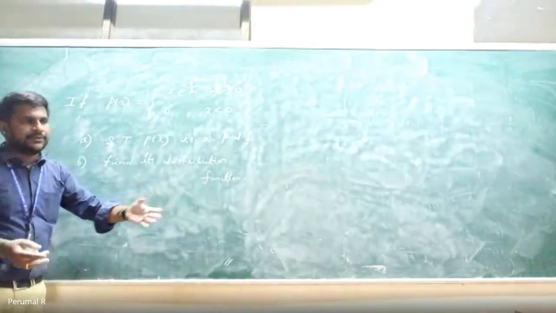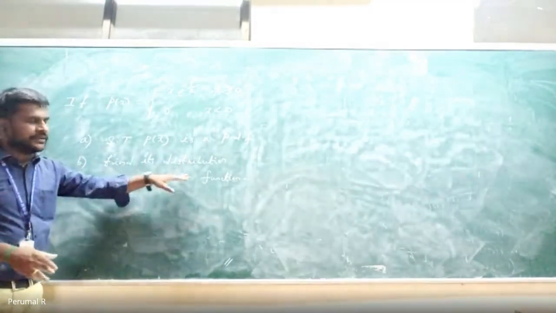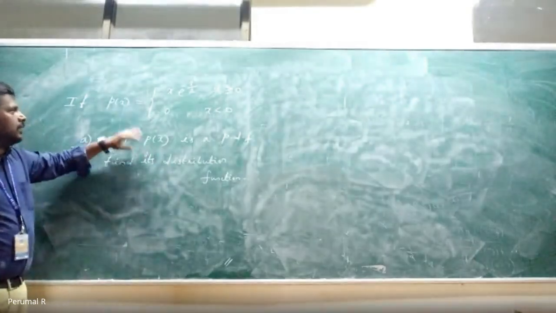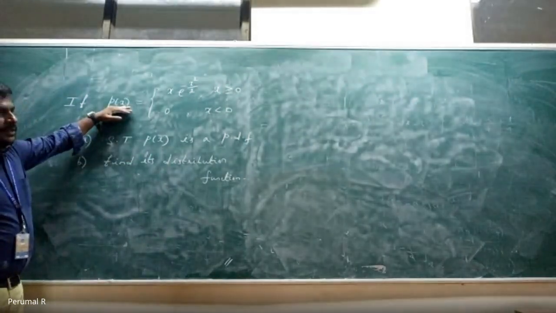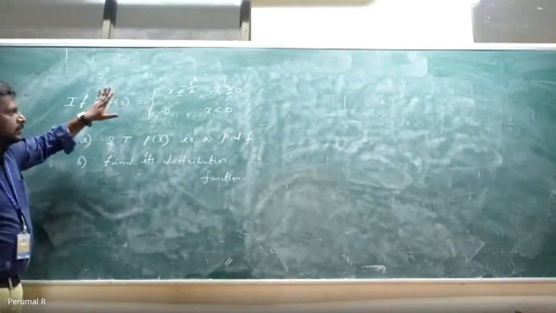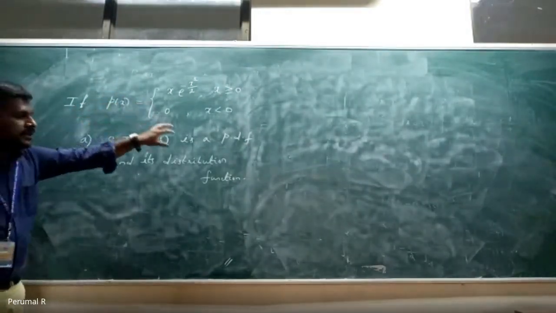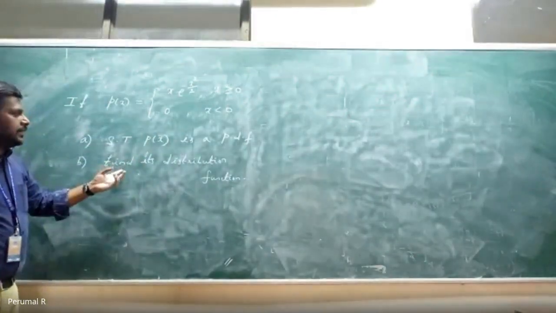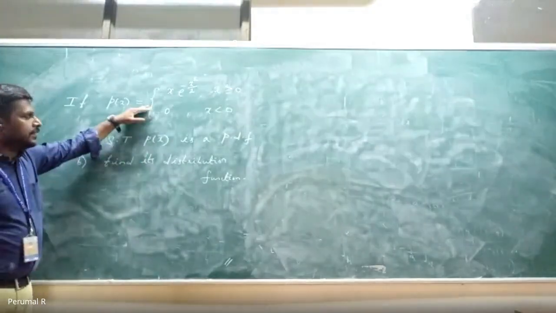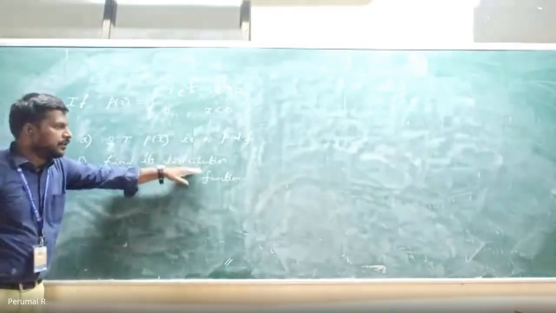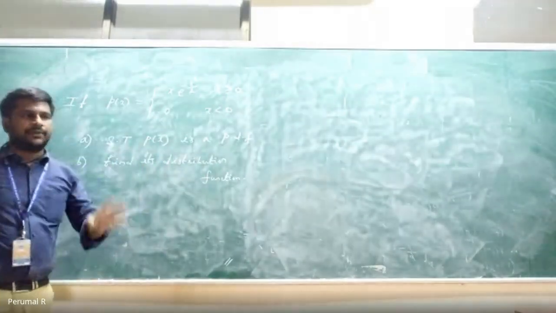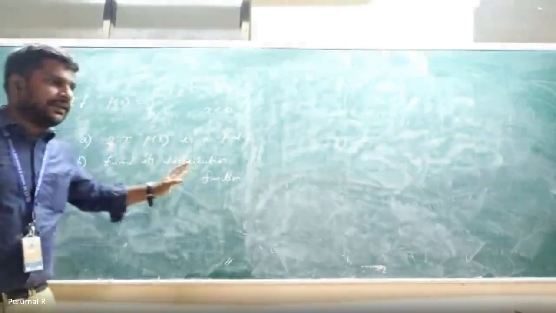Cumulative distribution function and distribution function are both the same. So you must show that this is a probability density function, and if so, find the corresponding distribution function. These things are asked in that question.